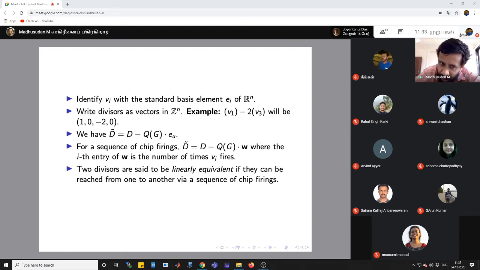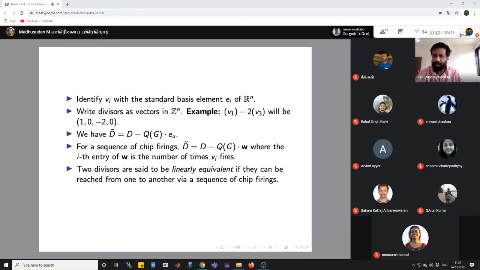I'll come to why we call it linearly equivalent. It's easy to check that this is actually an equivalence relation. And so this is a very basic notion of equivalence in this topic, linear equivalence.